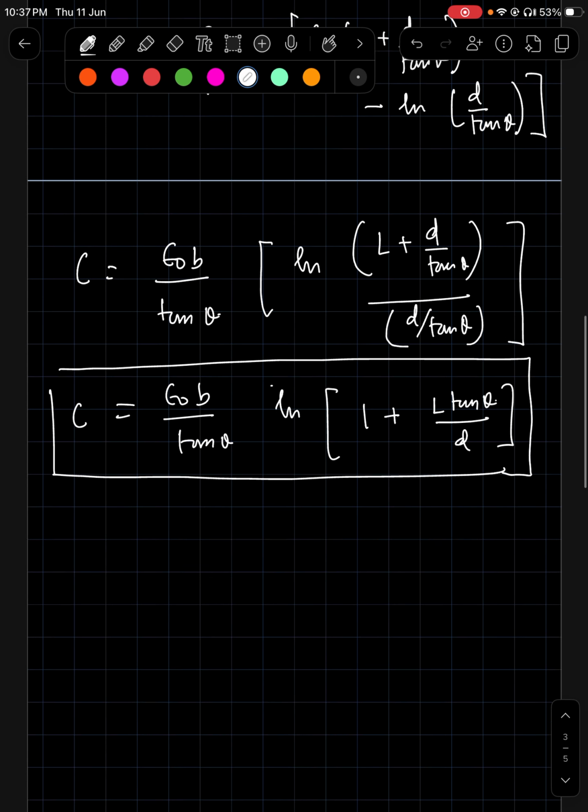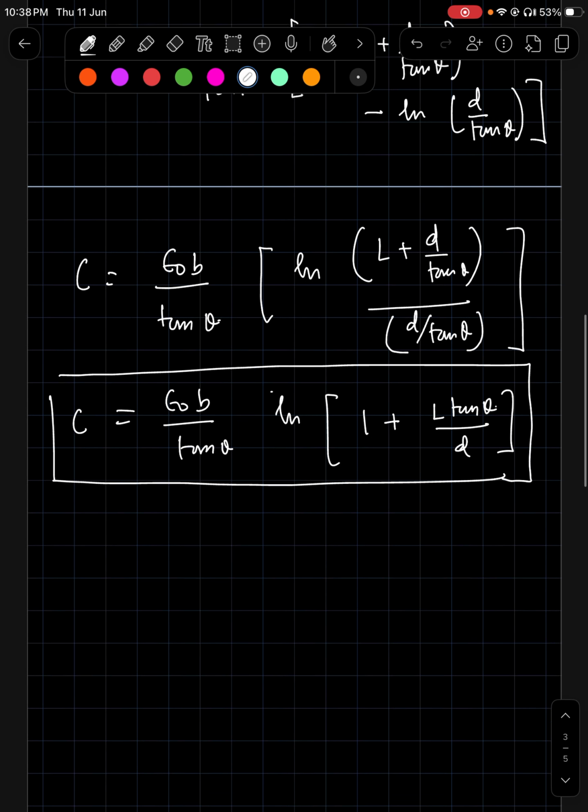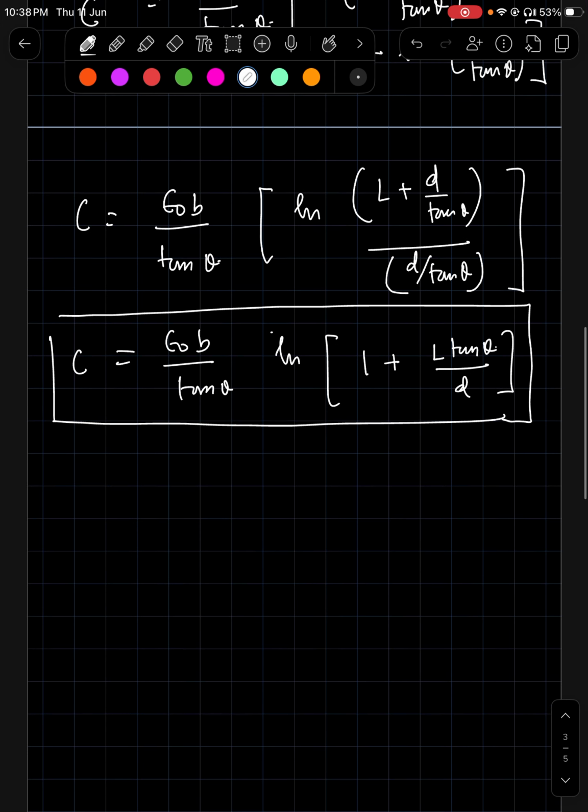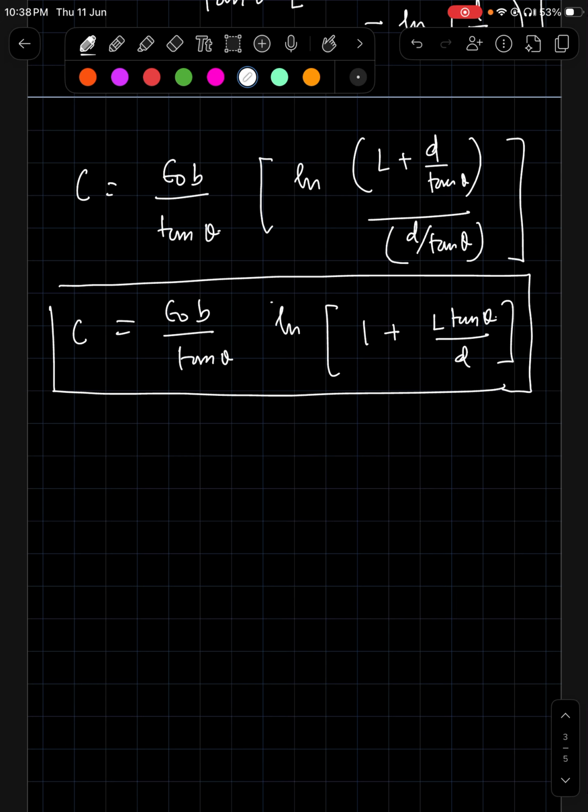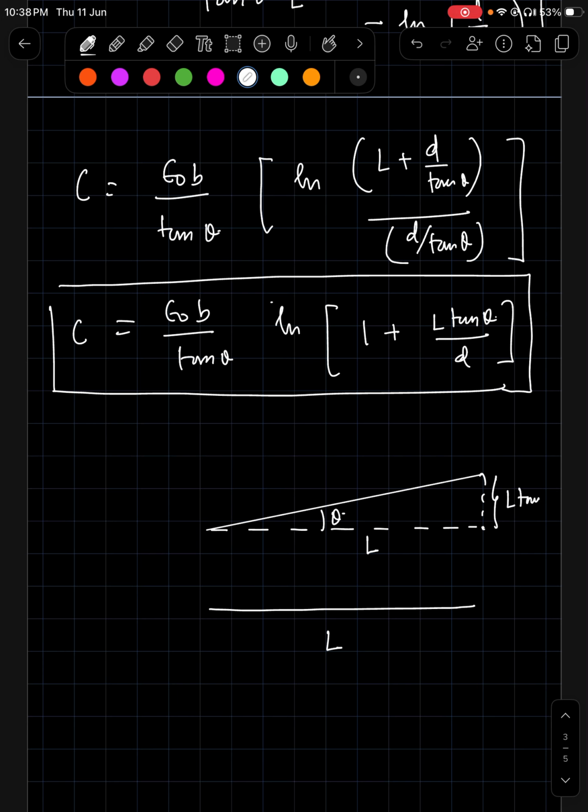But again, we need more simplification. Generally, it is asked to find a particular result in JEE or other competitive exams. So again, I have to draw this so that I can show what I am doing for the final approximations. So this is L, this is theta, so this is obviously L tan theta, right?